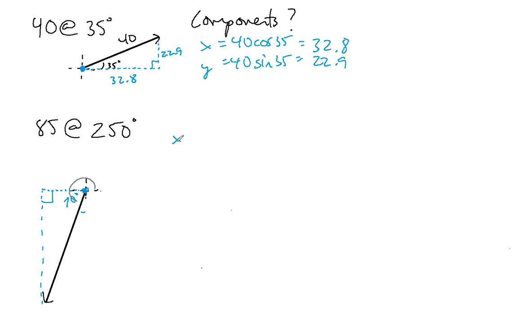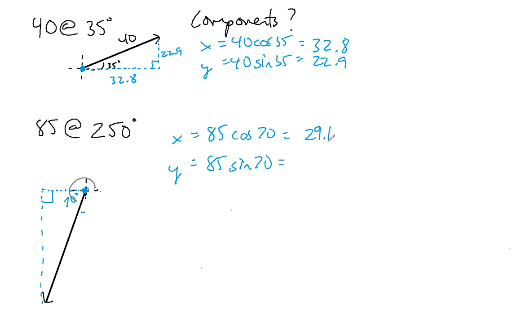So my x component and y component would be 85 cos 70 degrees and 85 sine 70 degrees. I'll do my 85 cos of 70, and I get 29.1.